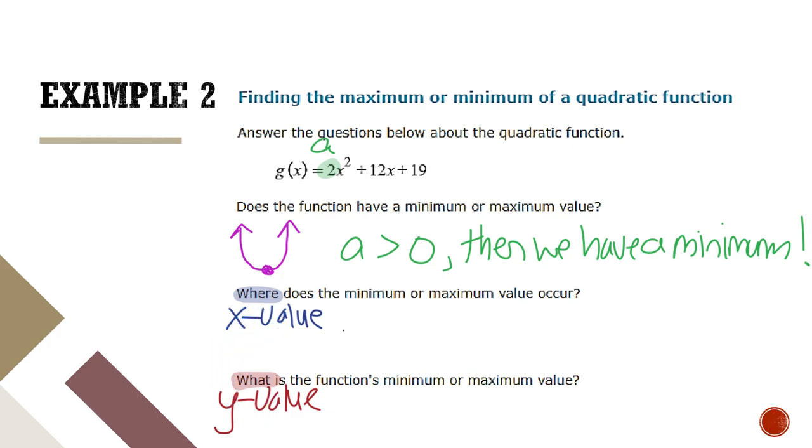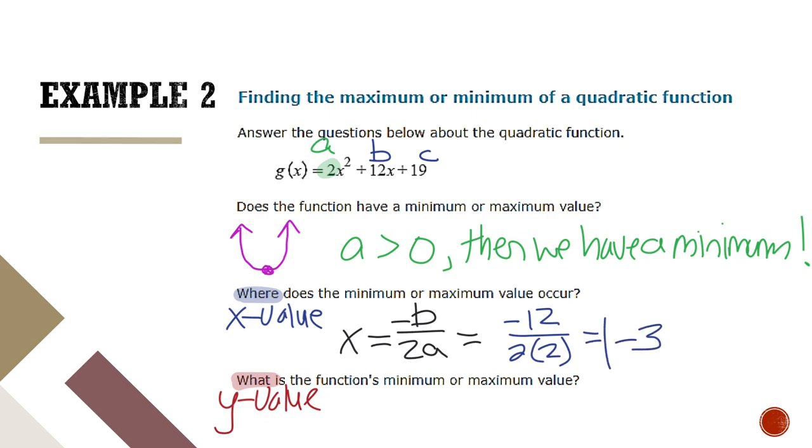This is just really simple again. It's that x equals negative b over 2a, which again, just substituted in. We know that a is 2, b is 12, and c is 19, so plug those in. So we have the opposite of 12 all over 2 times a, which is also 2. So this ends up being a negative 3.